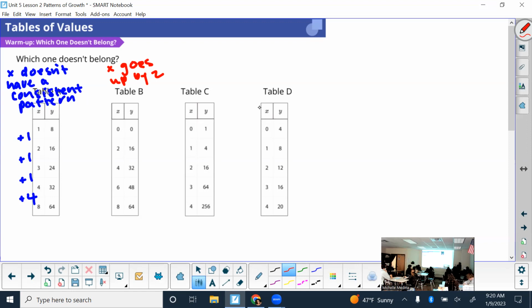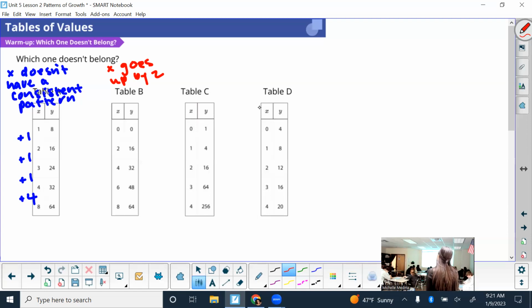All right, what about table C? No one chose that one as not belonging? Table D? Raise your hand if you said table D doesn't belong. All right, this time I'm going to call on a table, and even though you didn't pick that table as not belonging, you're going to give me a reason why someone might say it doesn't. Whoever the reporter is, we'll start with table 3 today.